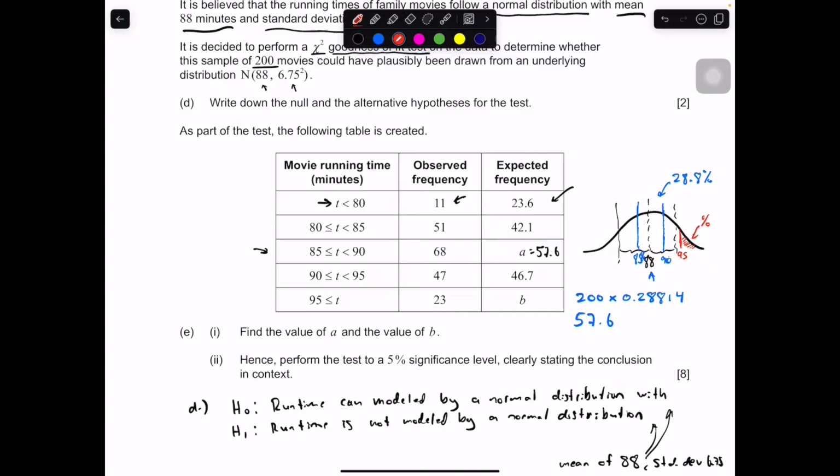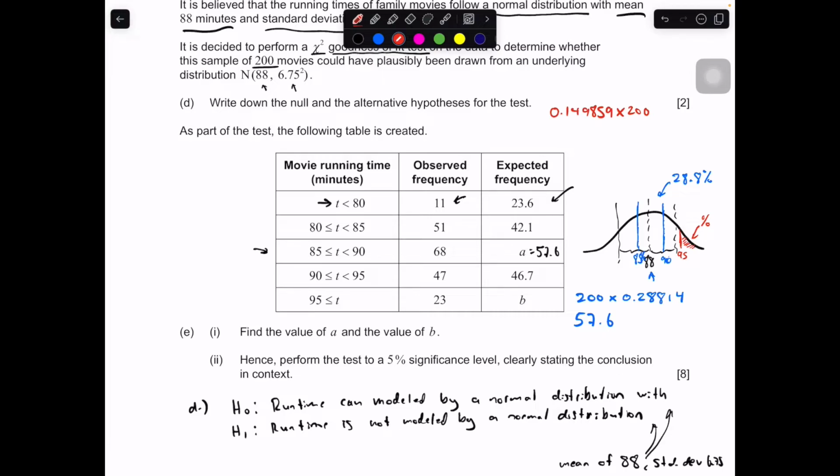Okay, so I'm going to use the same color of red. 0.149859. I'm going to multiply this by 200, so roughly 15% of 200. I'm going to keep all the decimals, just because we're not at the end of the answer.